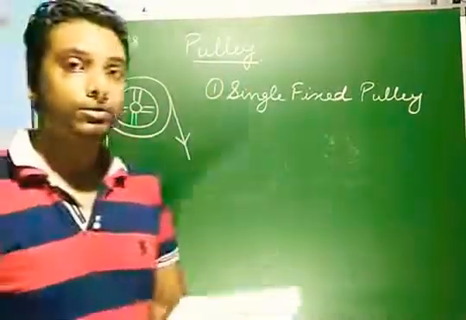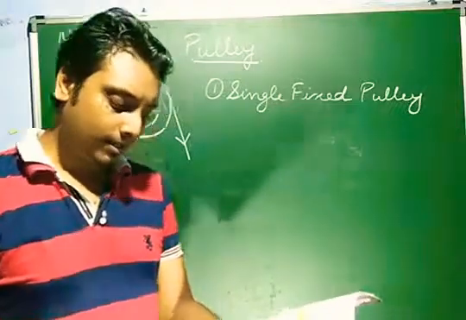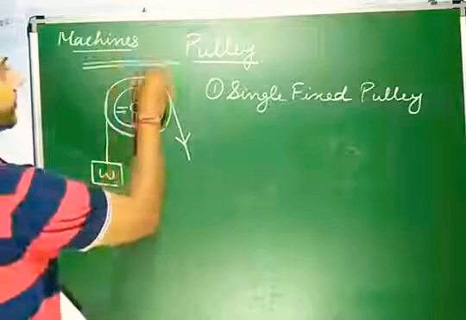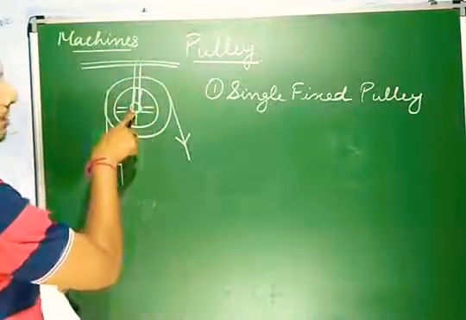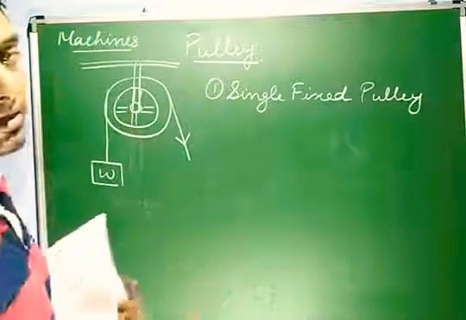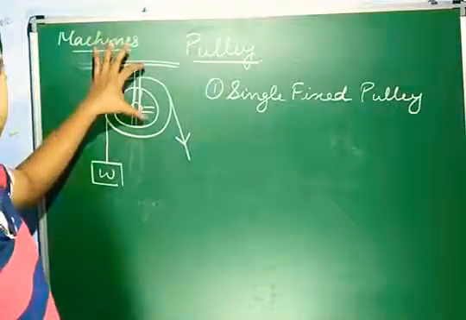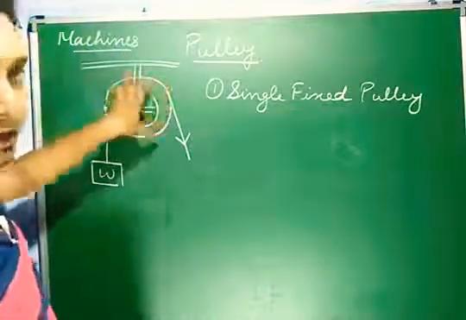So what is a single fixed pulley? Let's try to understand this. This diagram which I have made here is of a single fixed pulley. Its axis of rotation is fixed with a wall or a rod upstairs, and it just rotates like this.